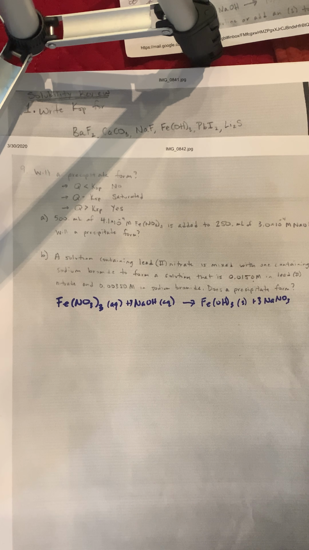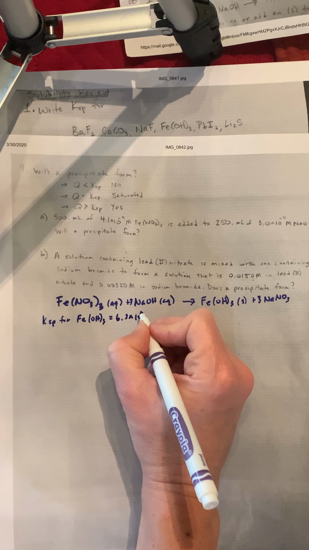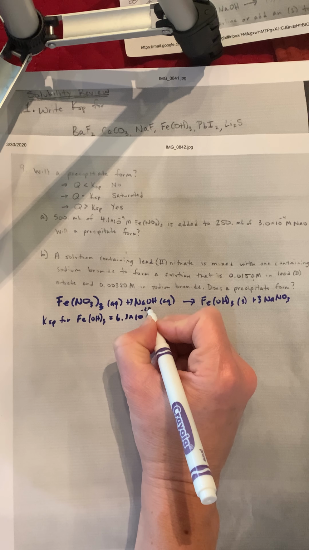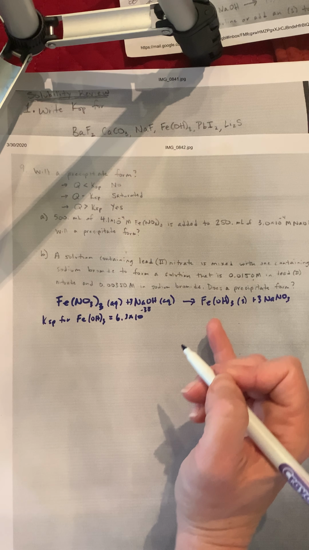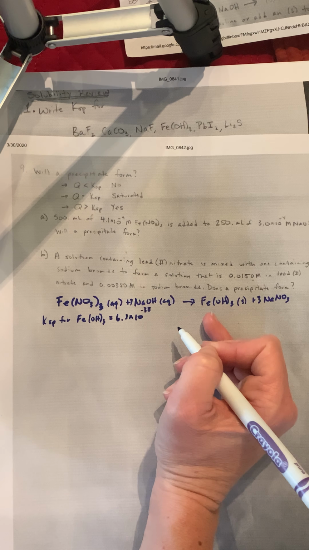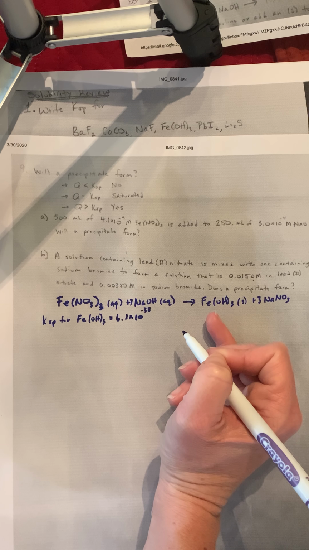The KSP for iron hydroxide, we would have to look up, we would have to be given that information. It is 6.3 times 10 to the negative 38th power. That is a tiny number, so very little of it is going to actually form.